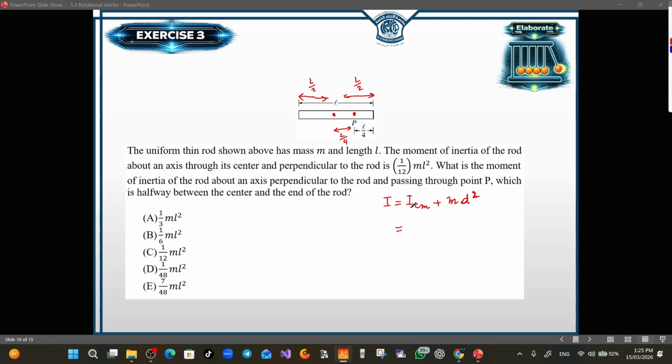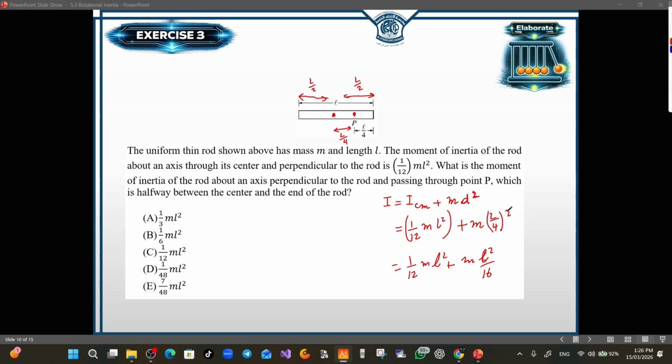Now the moment of inertia when the axis of rotation is passing through the center of mass was 1/12 ml squared. Now the mass is the same. However, now the distance between the old axis of rotation and the new axis of rotation is L/4 to the power 2. And it's equal to 1/12 ml squared plus ml squared over 16.